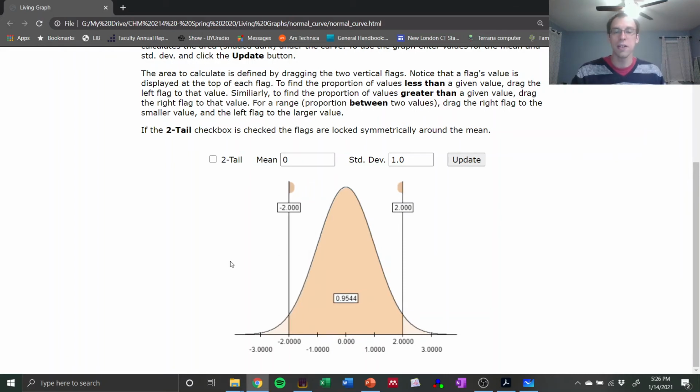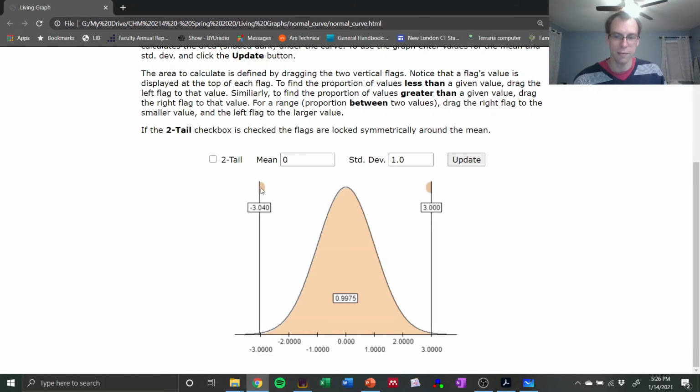So at plus or minus 2 standard deviations, 95% of the values will lie within there. And often what's considered the standard that we use in analytical chemistry, at least, is plus or minus 3 standard deviations, because that will contain almost all the possible values that we could have.